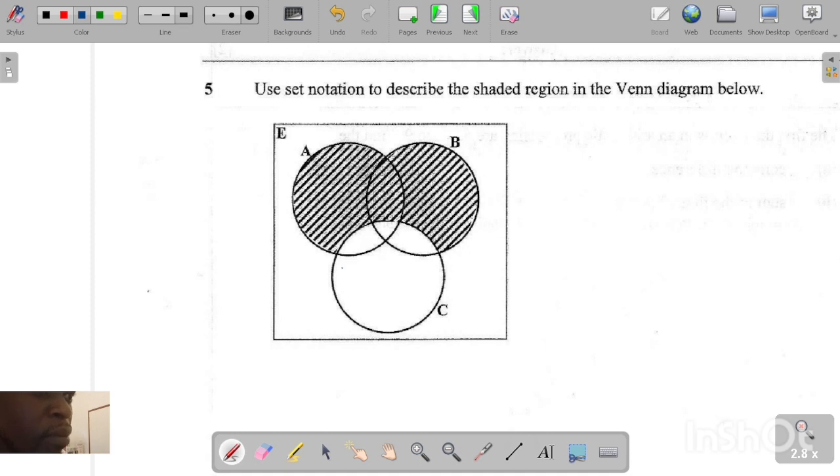Because A and B have been shaded, you are going to have A union B. And because C has not been shaded at all, it means you are having intersect C complement. So A union B, because A and B have been completely shaded, and then C is not part of the shaded region.